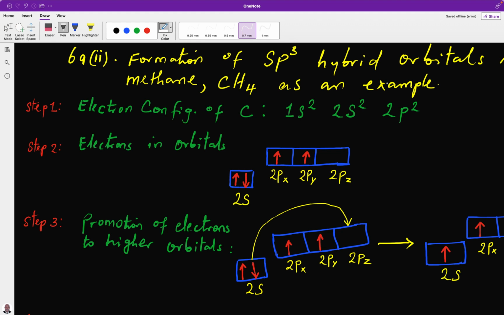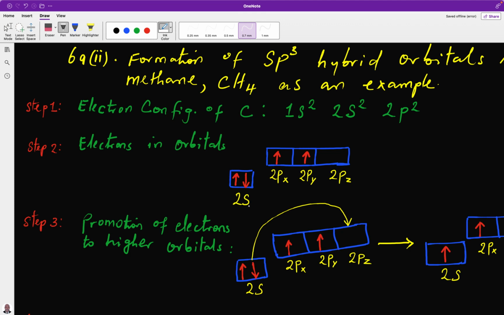Now the second step is step 2, electrons in boxes. So you need to write the electrons in boxes. Now the 2s orbital and the 2p orbital. Remember the 2p orbital has sub-orbitals: 2px, 2py, and 2pz. Each orbital has a maximum of 2 electrons, and we use Hund's rule in filling them. So now we have written the electrons in boxes. We have the 2s orbital.